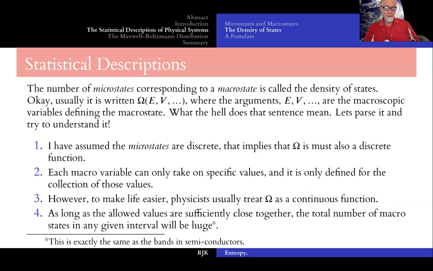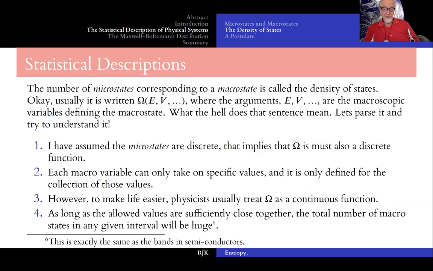The number of microstates corresponding to a macrostate is called the density of states. So you have to look at the volume in phase space, count the number of states, and divide.